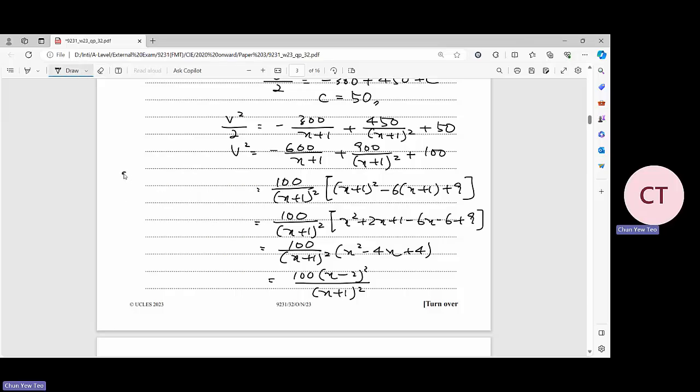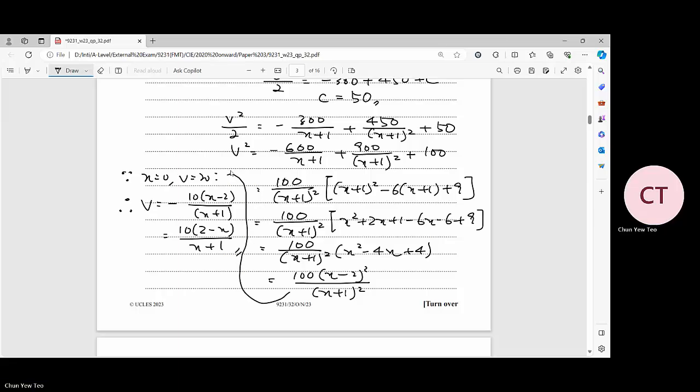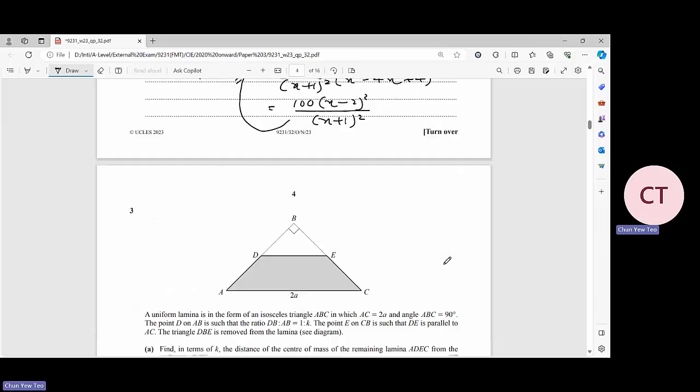Because x equal to 0, v equal to 20, therefore my v will be negative 10(x minus 2) over (x plus 1). And we can bring the negative in by making it 10(2 minus x) over (x plus 1). Done. So this will be the solution for question number 2. That's all. So now we move on.